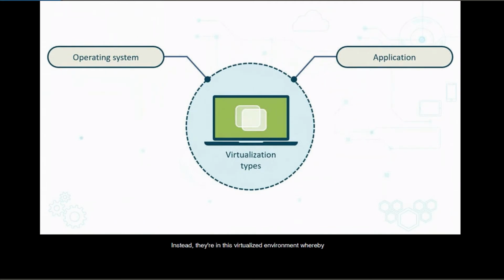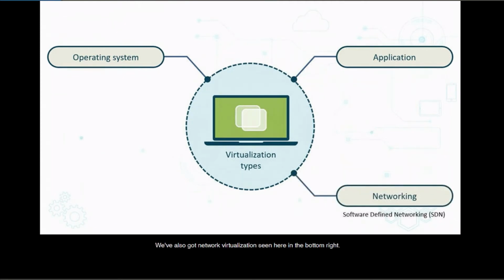Instead, they're in this virtualized environment whereby the app appears to be running and is running in the operating system, but it's just not been installed in it. And so the benefit of this is portability. Now, this is not a container. It sounds like container technology, but application virtualization unto itself isn't. It actually predates or precedes things like Docker containers.